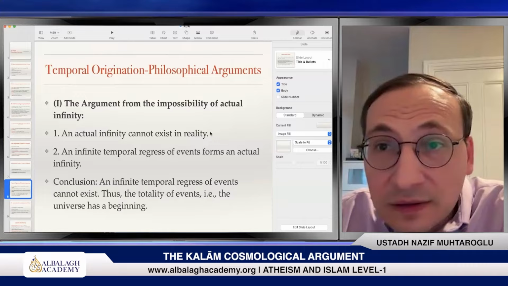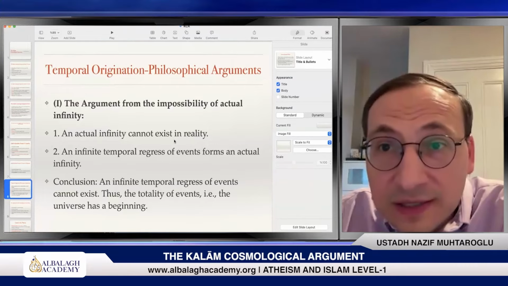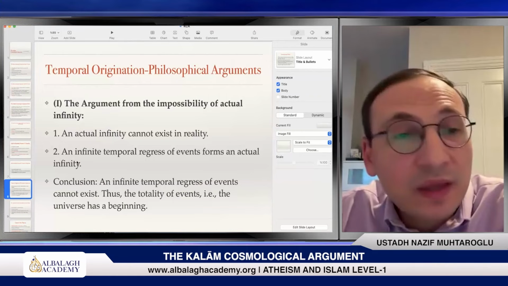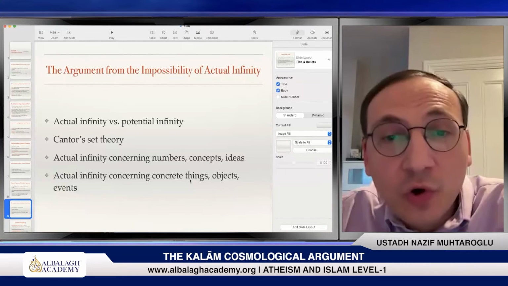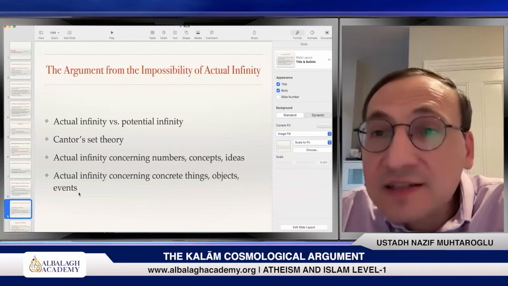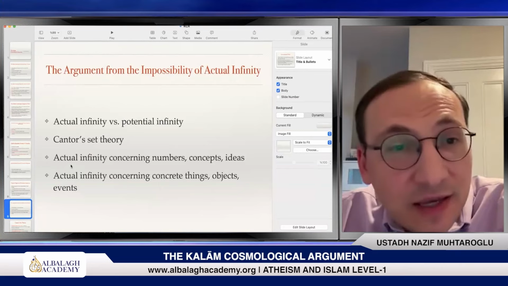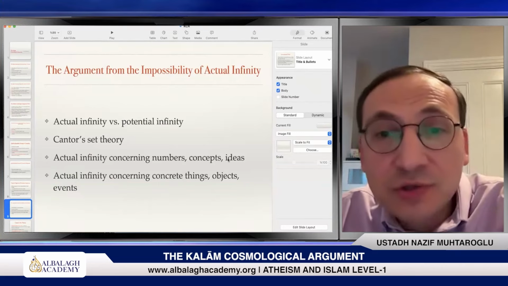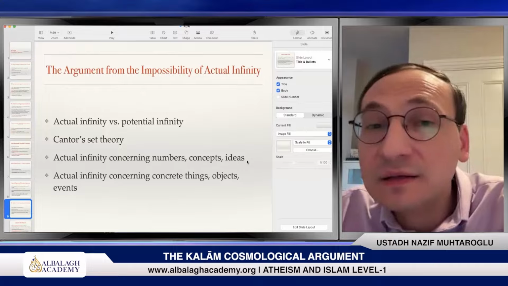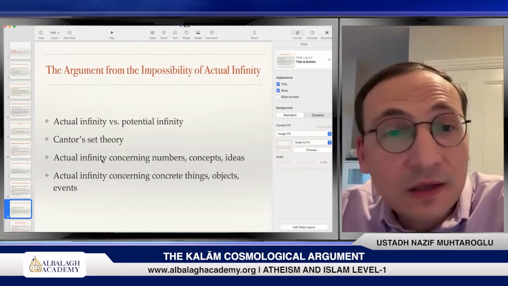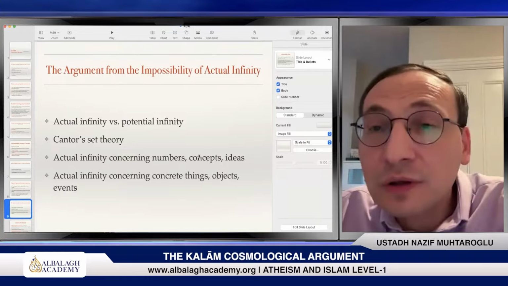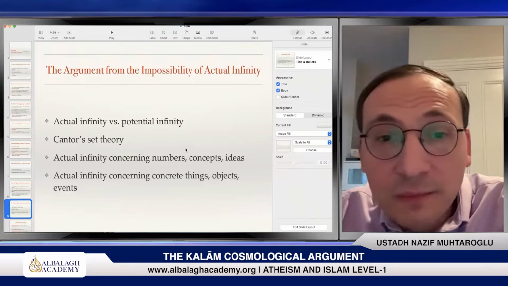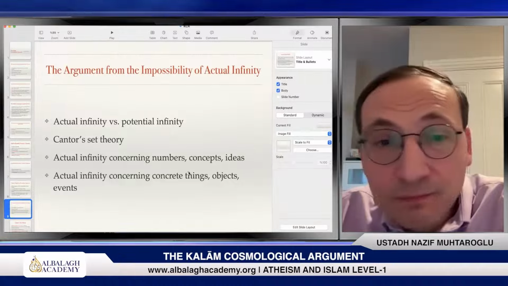That's not redundant here. He means actual infinity concerning concrete things, objects, and events is impossible. He doesn't say actual infinity concerning numbers, concepts, or ideas is impossible.